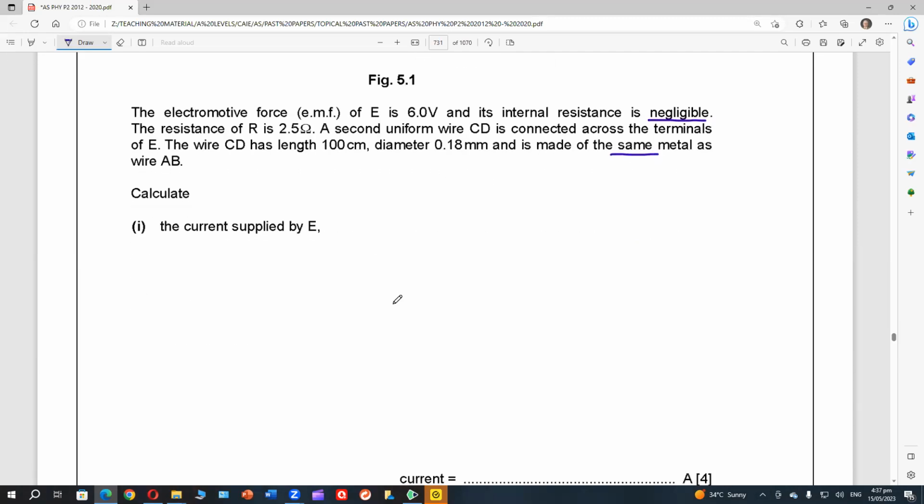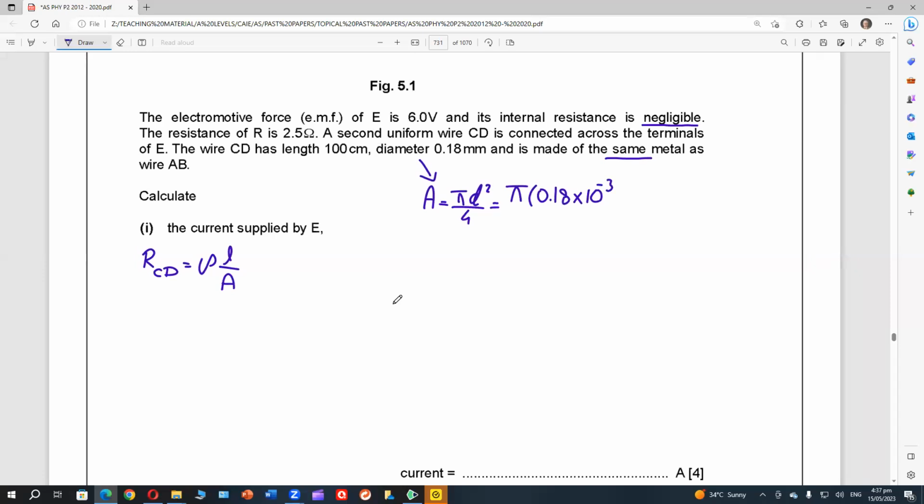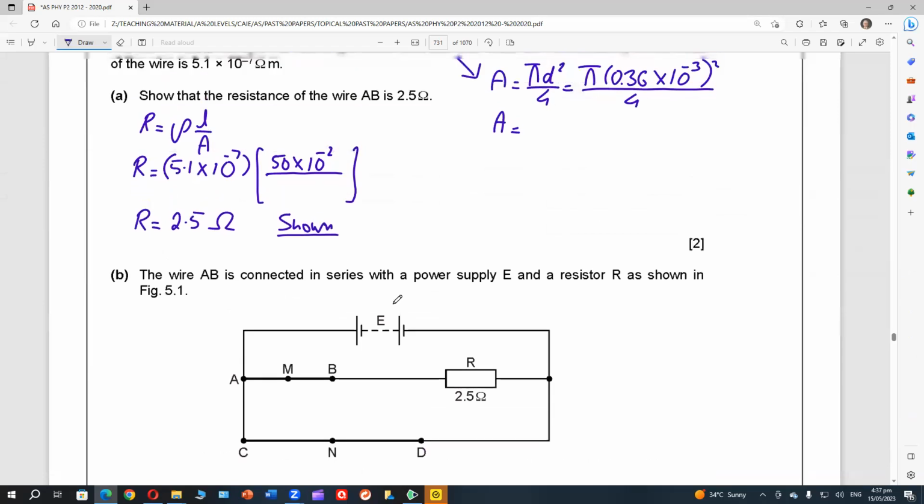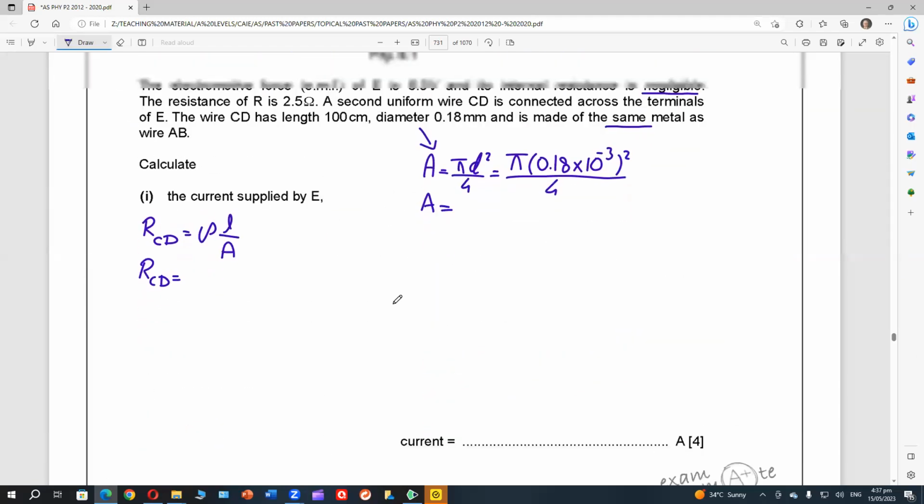You're right. Five point something times 10 power minus 7.